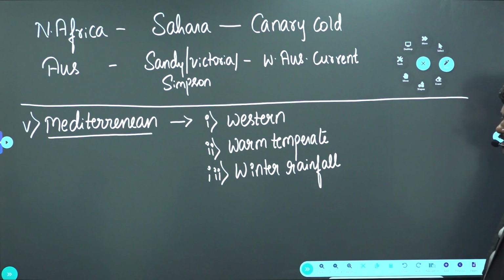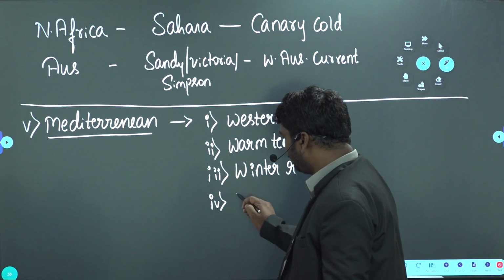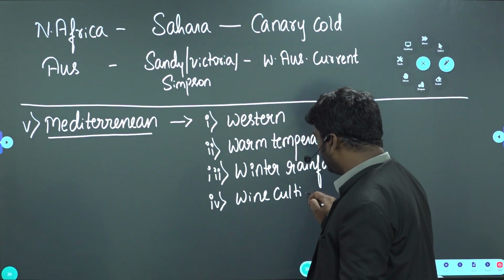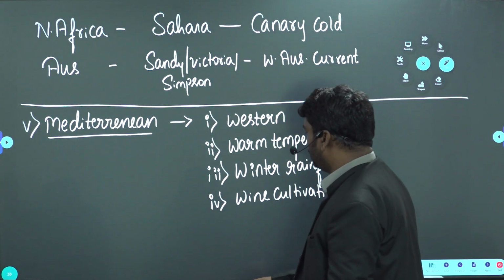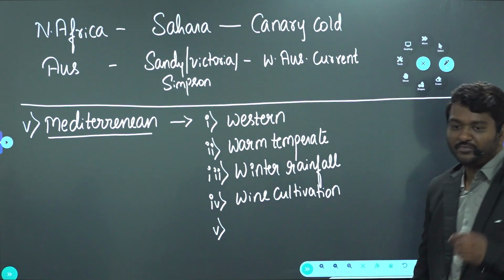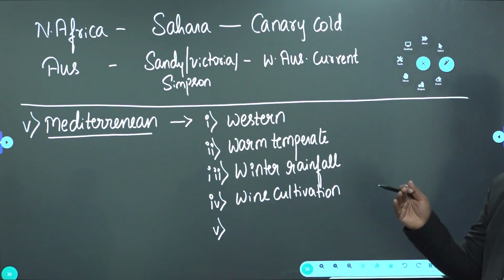It is Mediterranean. Wine cultivation. Winter means which months? December, Jan.